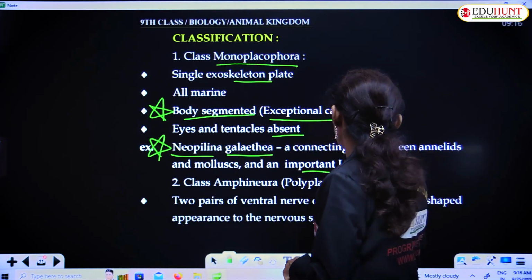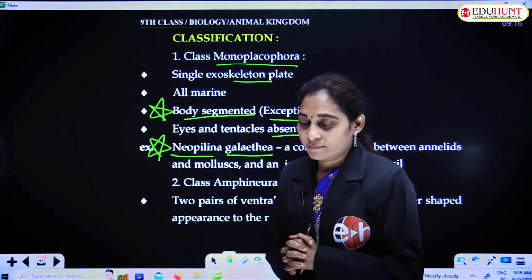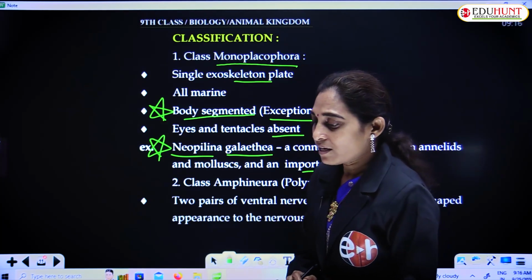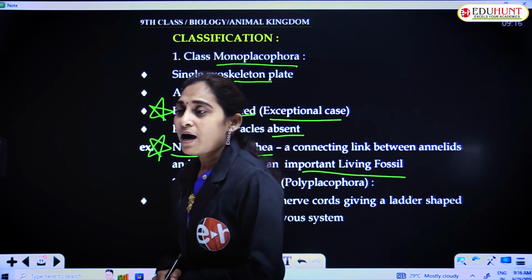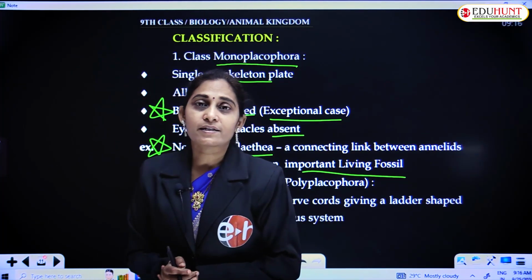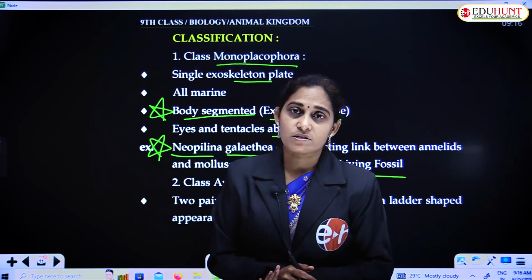It is also considered a living fossil. What is meant by living fossil? If you understand what is meant by fossil, then you can easily understand the living fossil.